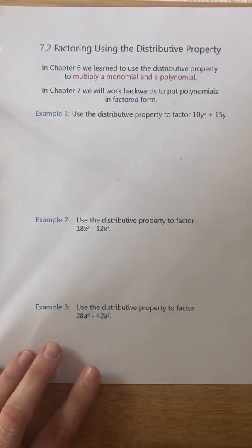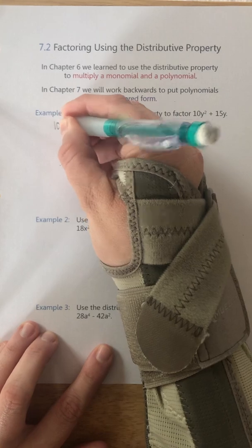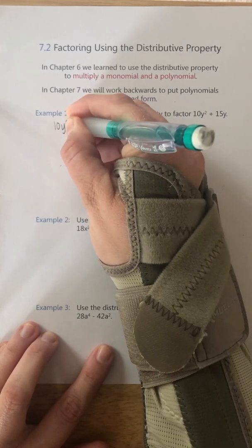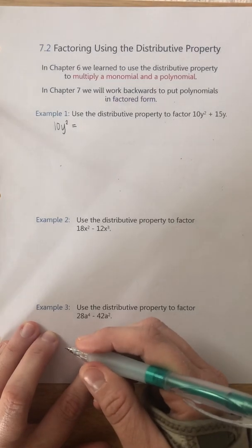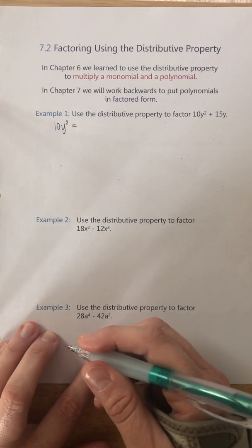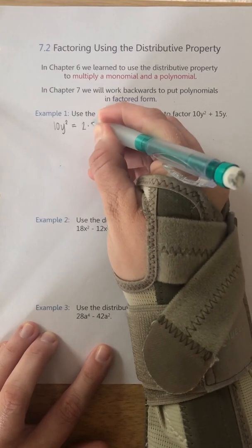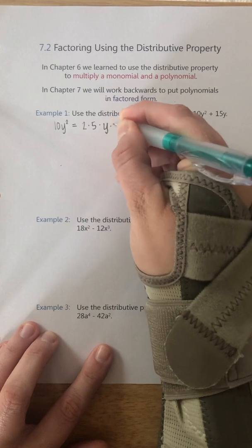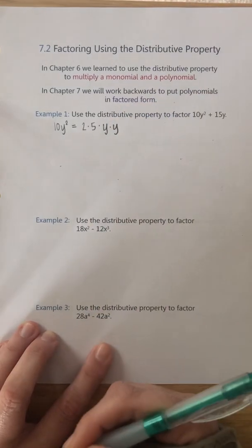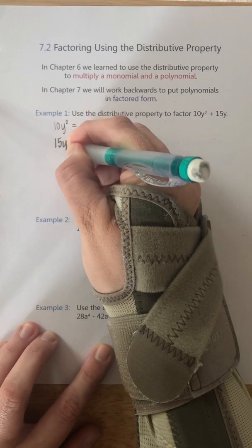So the very first thing we're going to do is what we did in yesterday's lesson. We're going to take our 10y squared and break it down. And you can probably do this one without having to show a lot of work. It's pretty easy. So 10 would break down into 2 times 5, and then y squared would break down into y times y. Then we have 15y, and we're going to break that down as well.